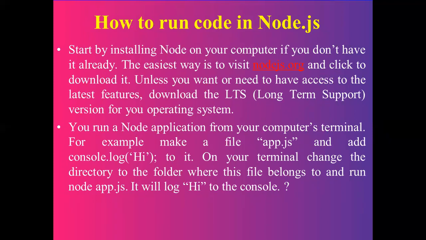Then in that script, add console.log. That is simple code, just one line, that displays a message, hi, on your console. Console means displaying messages on your terminal. So write console.log in brackets with single quotes, hi.